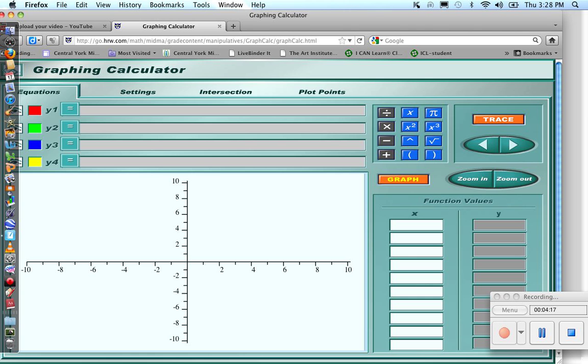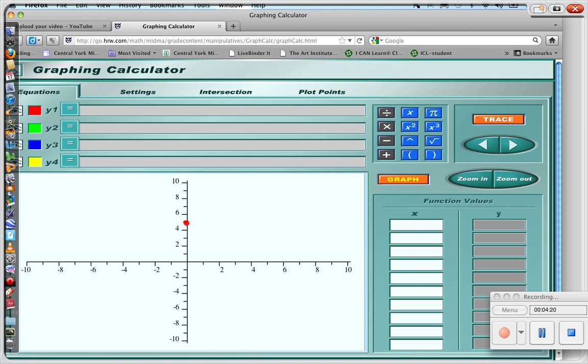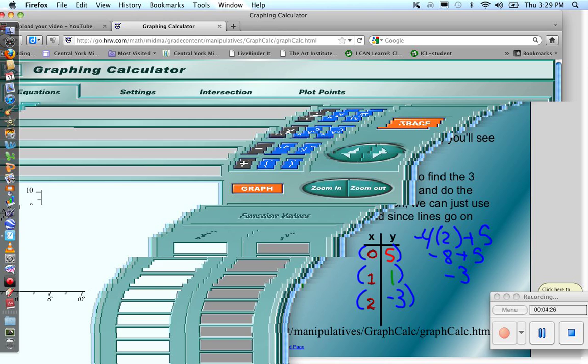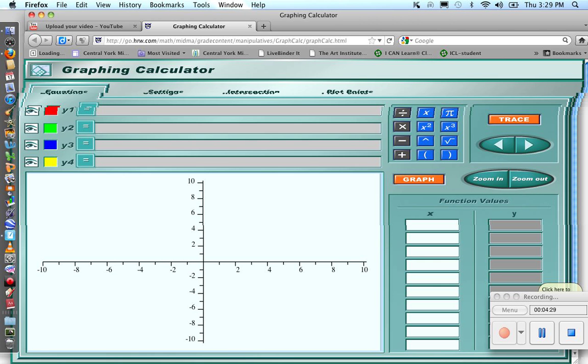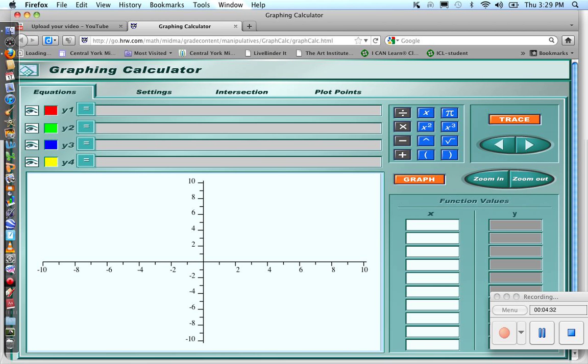I know there's nothing to graph, but we had 0, 5, 1, 1, and 2, -3. Now they don't look so pretty here because of the way this graph is.